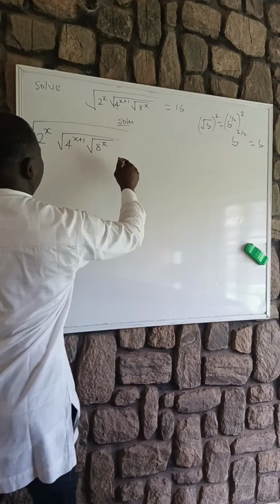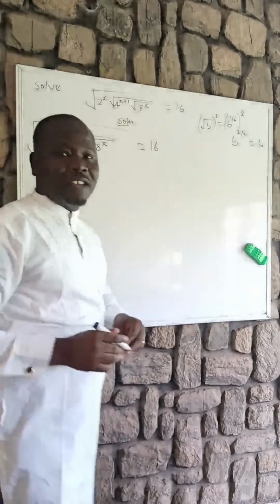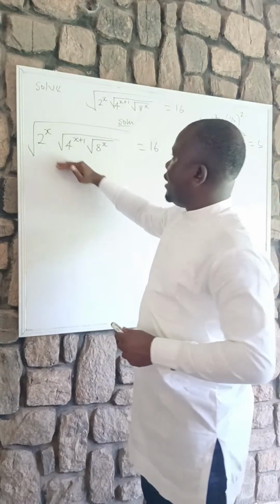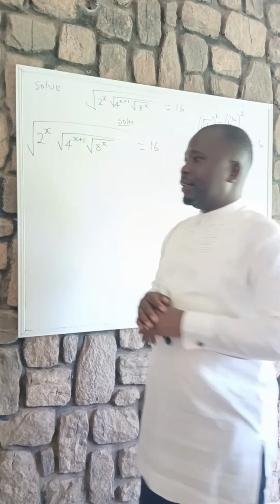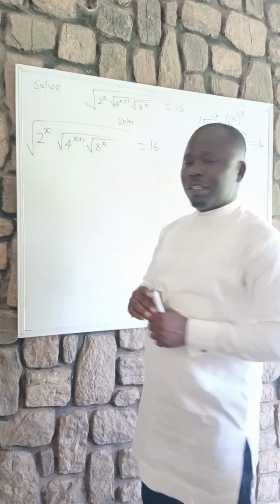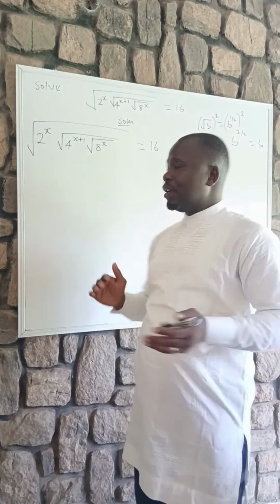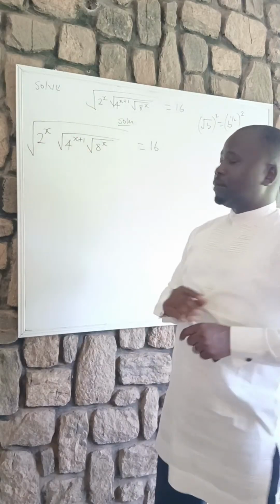It's a very interesting question. So how do we solve this type of question? Before one can solve this, you should know your indices very well, because we are going to apply indices here to solve this problem.